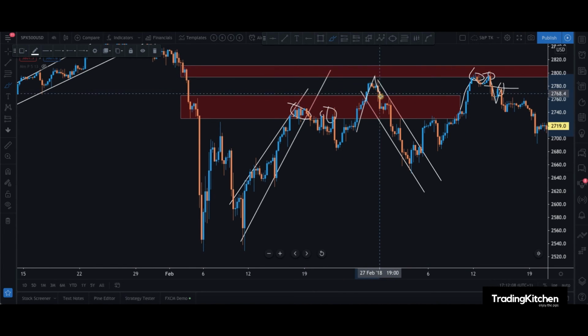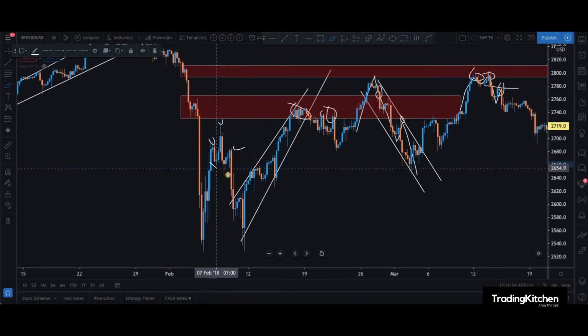This resistance could turn support just for a while, but then price breaks again, turns resistance again, and then it goes down. This is a channel. This is head and shoulders.